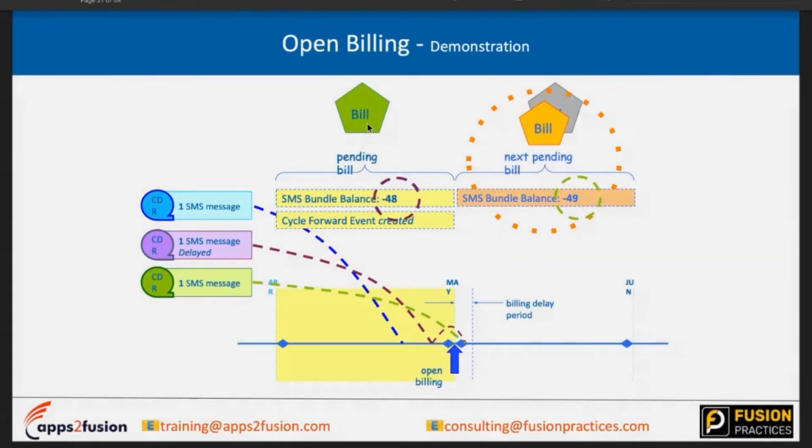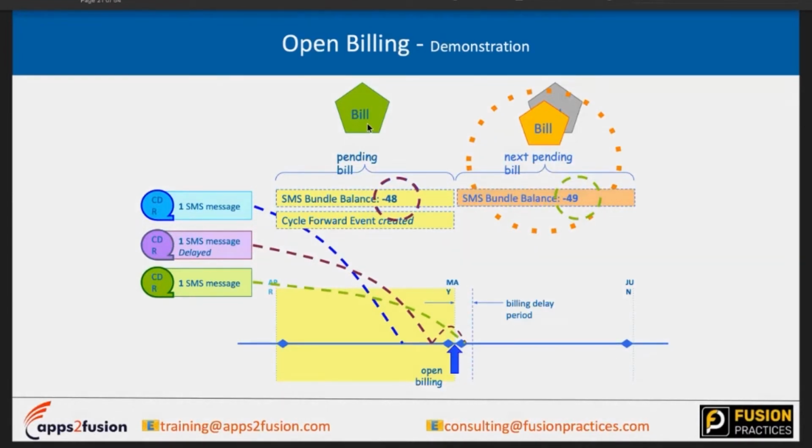So we always treat whatever belongs to the customer as negative and whatever belongs to the company as positive. If I have to collect 50 rupees from you, I will mark that as positive, and if I have to refund 50 rupees to you, I will mark that as negative. So -48 means you still have 48 SMS left in your counter for that particular month.